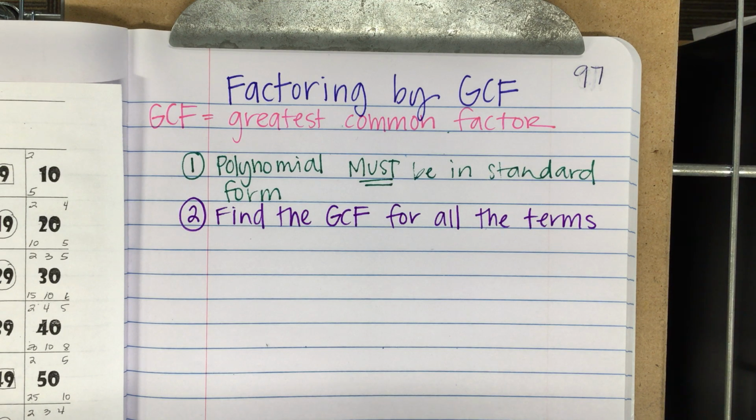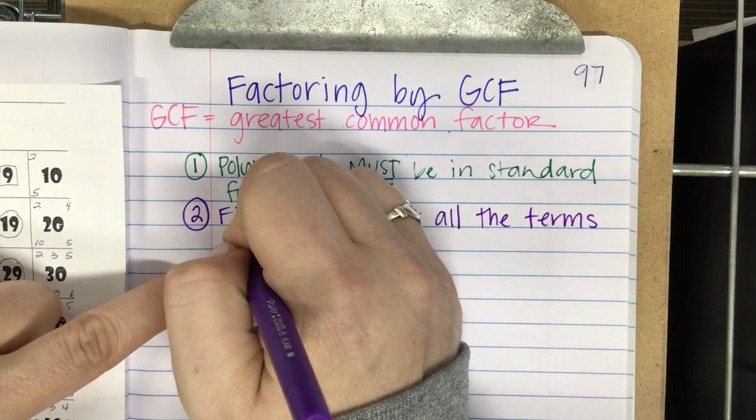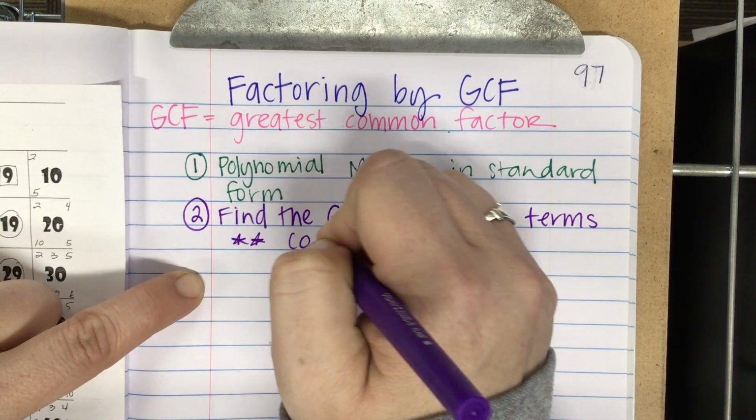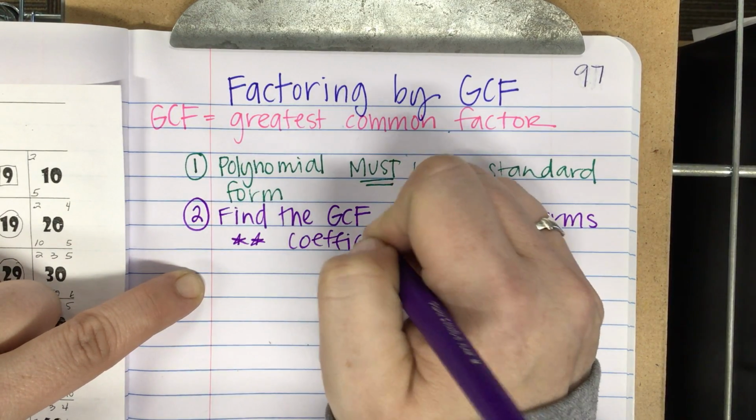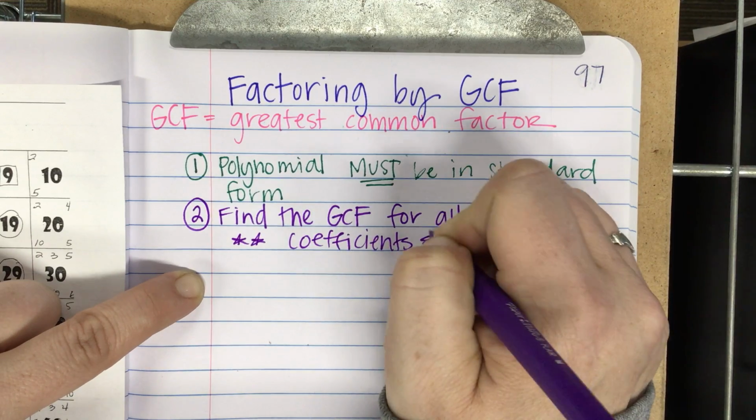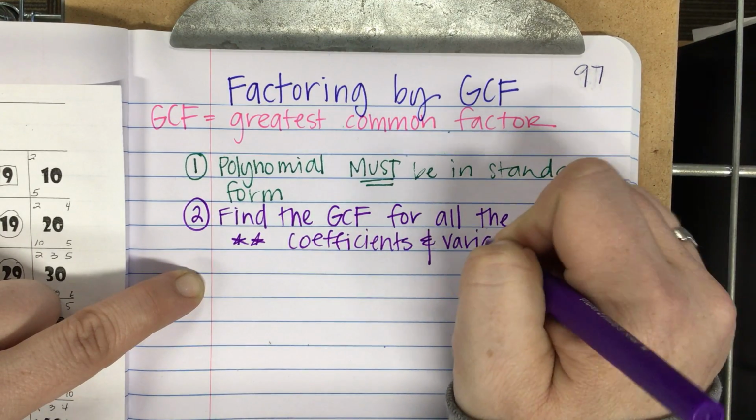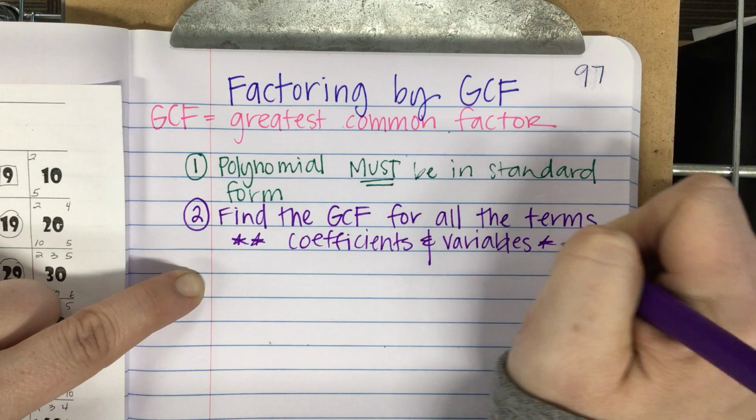It's what can everything be divided by. What does everything have in common? This is what we're looking for. We are looking at the coefficients and the variables, because this is algebraic.